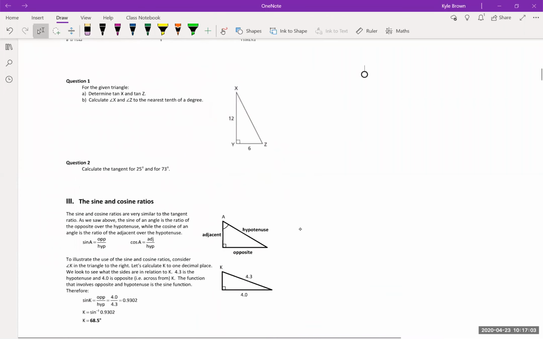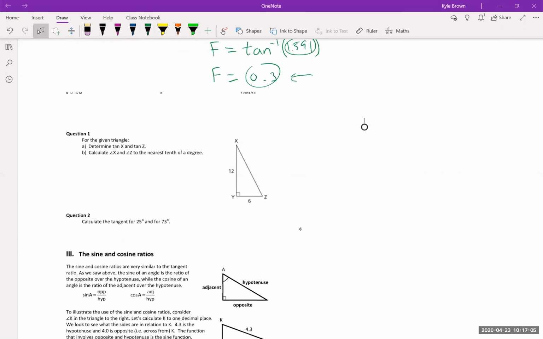Okay. All right, so this one. For the given triangle, determine tan x and tan z. All right, so tan x. So here's what we're going to do. We're going to say, okay, this is the angle we're looking at. A good way to do this to begin with is to label the sides, just so we don't get confused. If I'm looking at this angle, then the opposite side is that one, right?